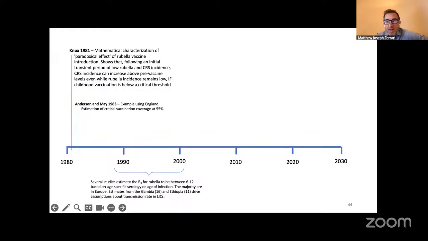Several countries then estimated the transmission rate, or R naught, for rubella to be between 6 and 12 based on age-specific serology or the age of infection. Most of those studies were done in Europe. But there were two studies from the Gambia and Ethiopia that gave much higher numbers. And those drove for many years the assumptions about transmission rates in low-income countries.